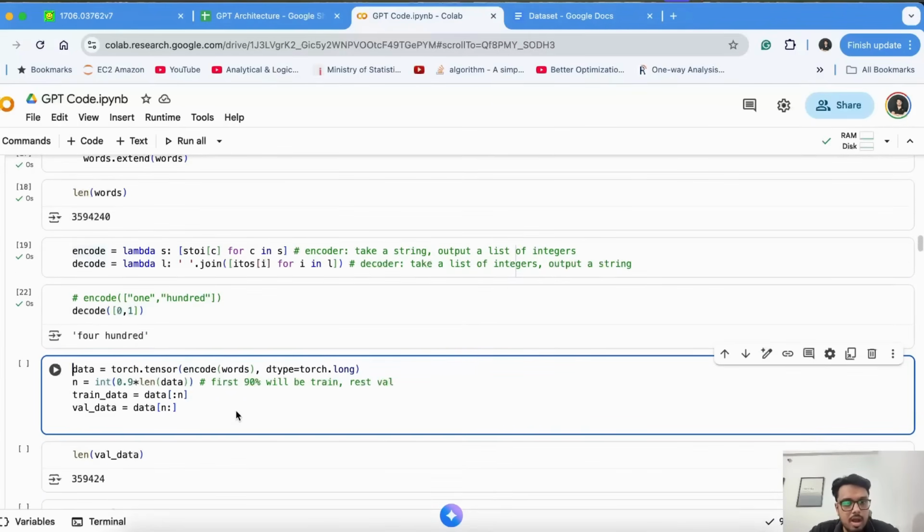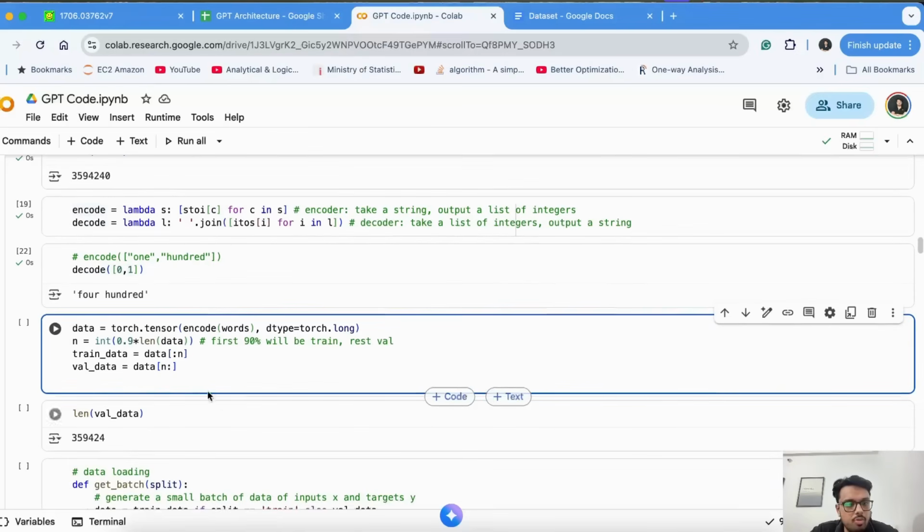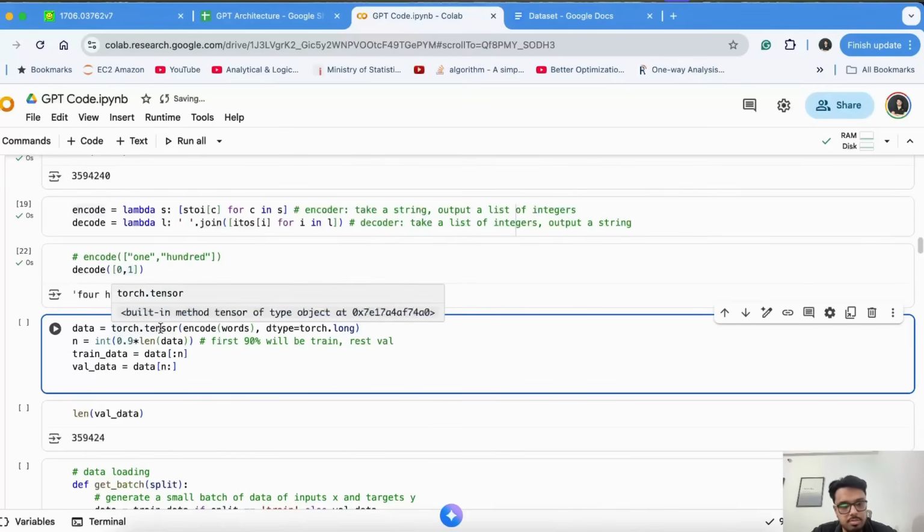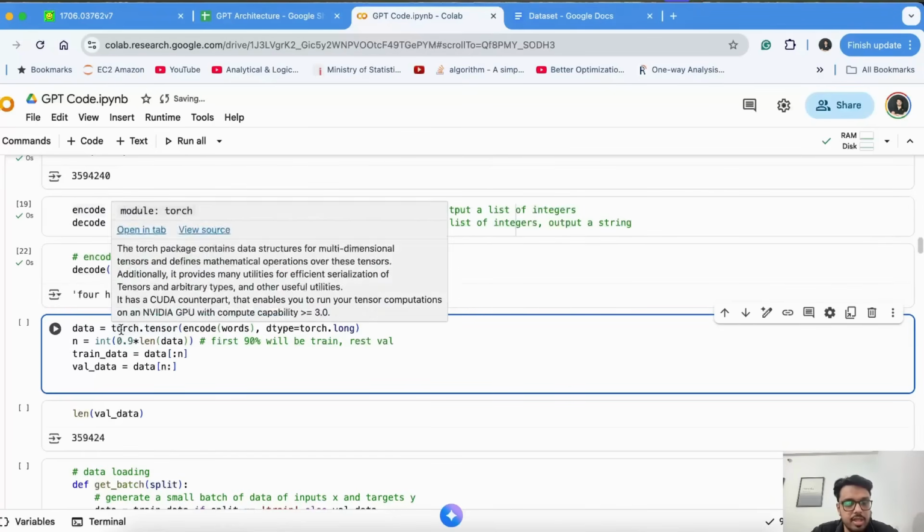Now we will use the torch library, and we will encode all these words in a big tensor.